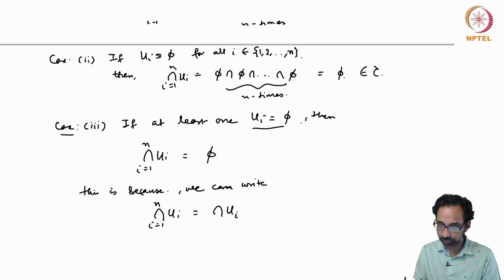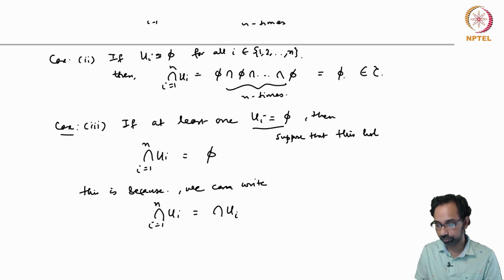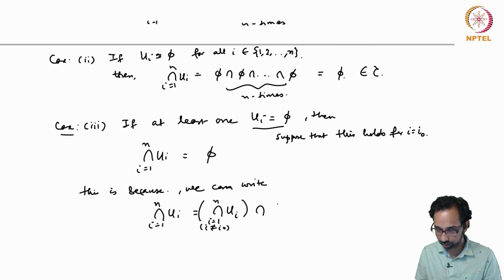So suppose that this holds for i equals some i0. Then we can write the intersection i equal to 1 to n, but i not equal to i0, so this is one part, intersection with ui0 which is empty.